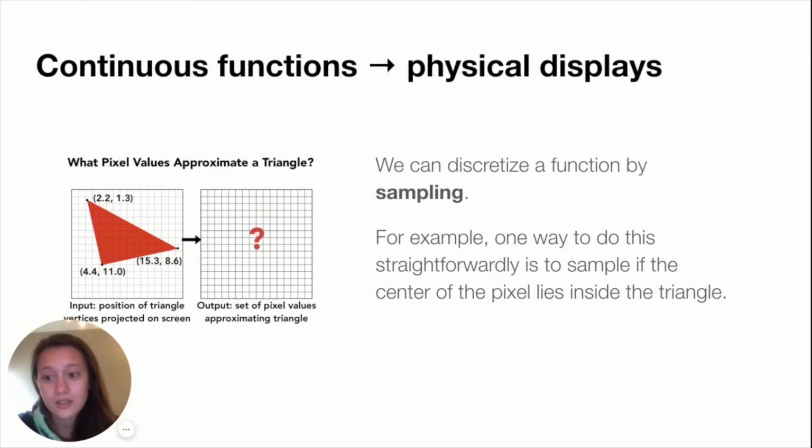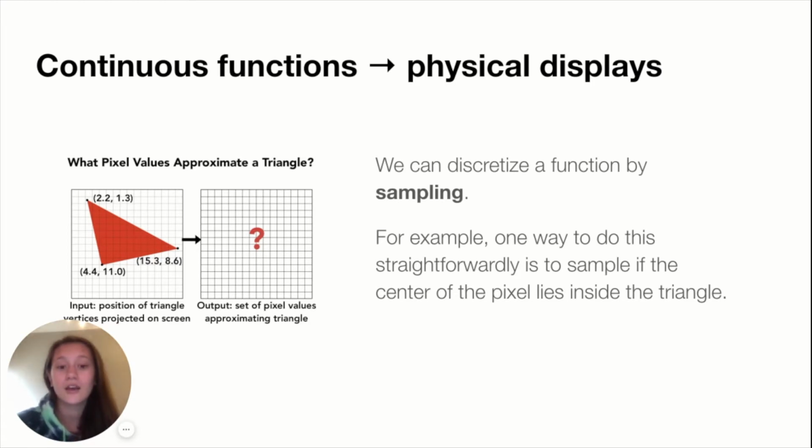One way to do this is to go through every pixel on the screen and perform a point in triangle test. If your pixel is in the triangle, then you would color it whatever color the triangle is, and if it's not, then you don't do anything to it.